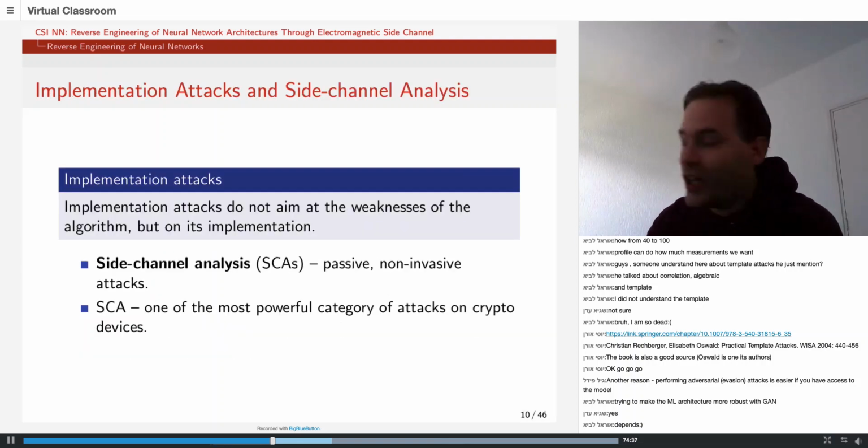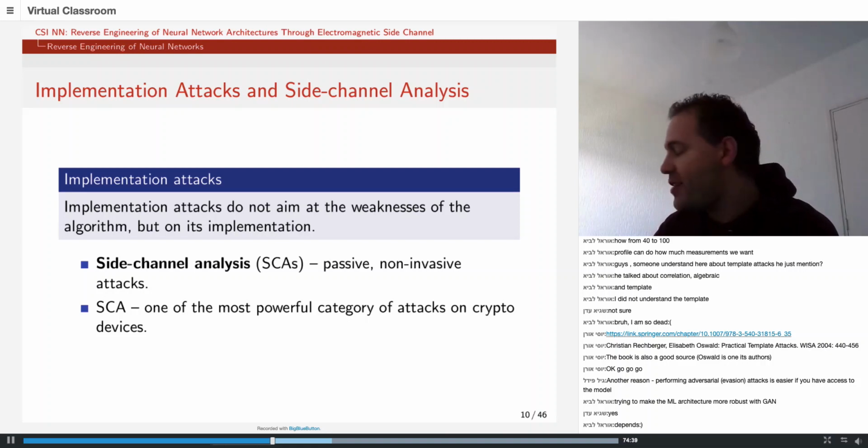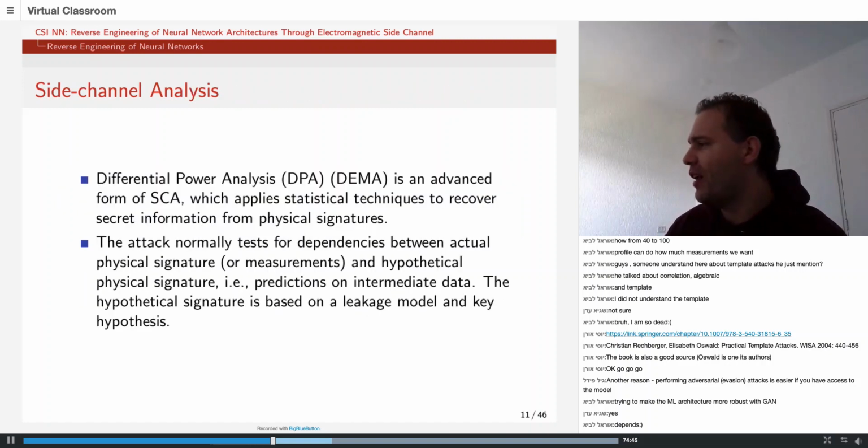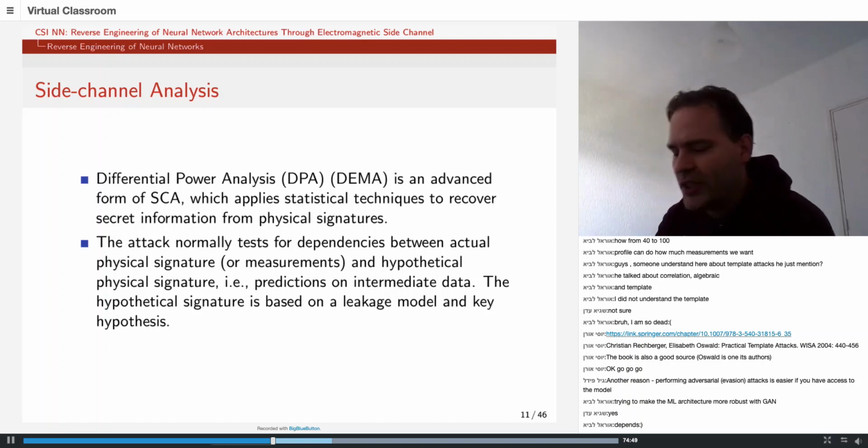So just a couple of reminders. Side channel attacks you kind of already covered quite a lot. What's important to know is a little bit about more complicated types of attacks.